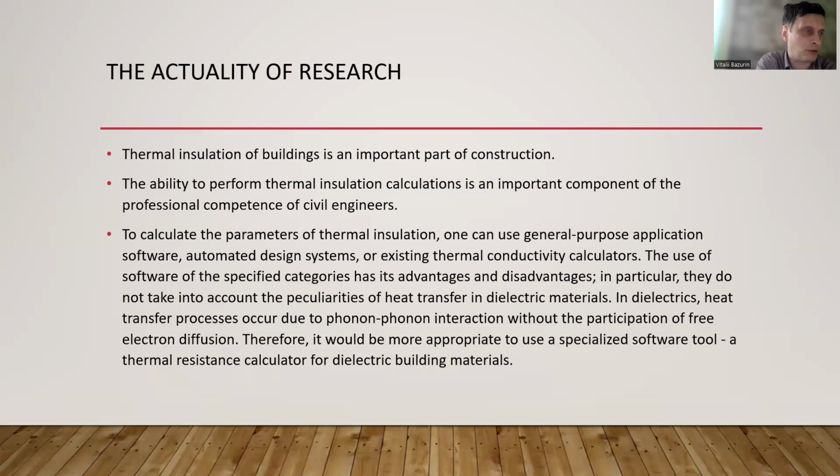The creation of thermal insulation begins with its calculations. Such calculations are usually carried out manually, and at the same time, there are thermal resistance calculations that it is advisable to use in the process of calculation of the thermal insulation parameters of buildings and structures.